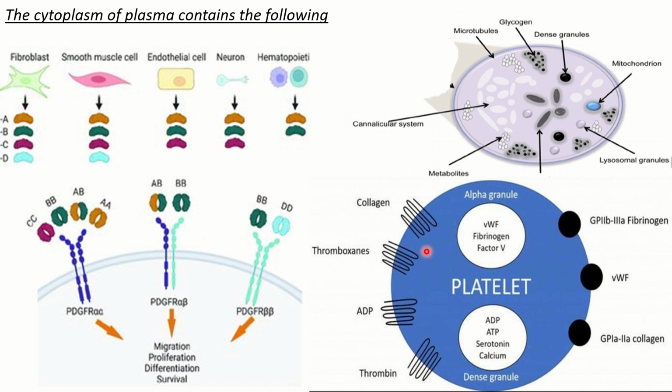Okay. Then within these platelets, we have a very important growth factor, which is called platelet-derived growth factor, or PDGF, which is a mitogen which has two subunits. This mitogen works on its receptor called PDGFR, or platelet-derived growth factor receptor, and this complex brings about migration, proliferation, differentiation, and survival of many cells, such as fibroblasts, smooth muscle cells, endothelial cells, and so on.